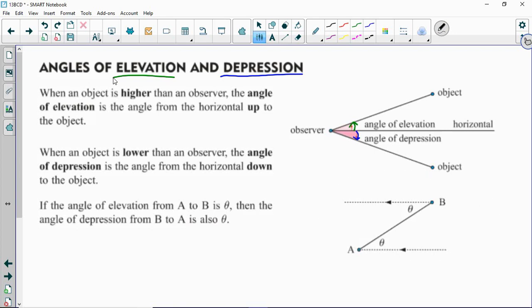Therefore, the angle of elevation must be congruent to the angle of depression, because they're alternate interior angles for two parallel lines cut by a transversal. So you could draw your picture upside down. You might have something ridiculous like a tree growing downwards from the sky or something like that, but the math will all still work out, as long as you remember that an angle of depression or elevation needs to be drawn from a horizontal line. All right?